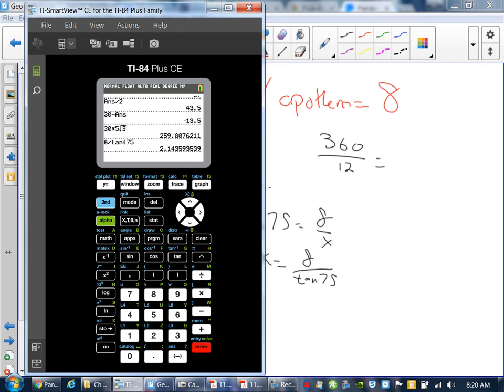One of the reasons why it's doing that with the 75, and you might see that sometimes, is that 75 degrees consists of a 60-degree angle and a 15-degree angle. We can find the tangent of 60 degrees, which would be opposite over adjacent, root 3 over 1, the square root of 3.